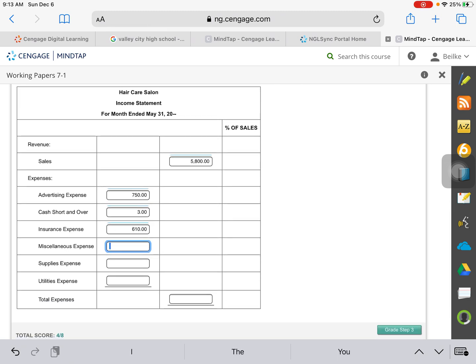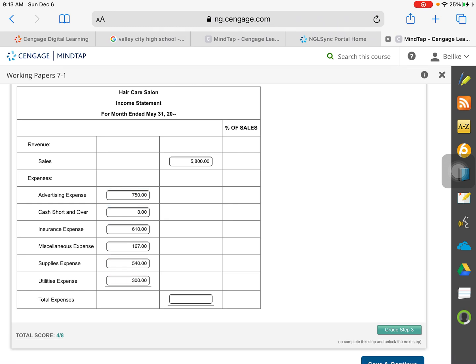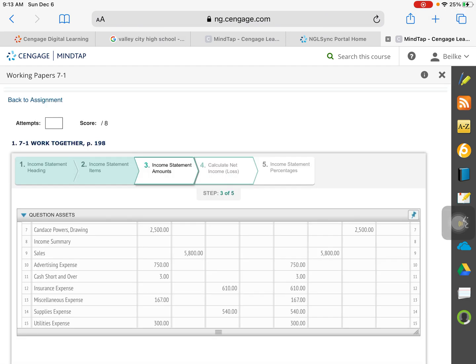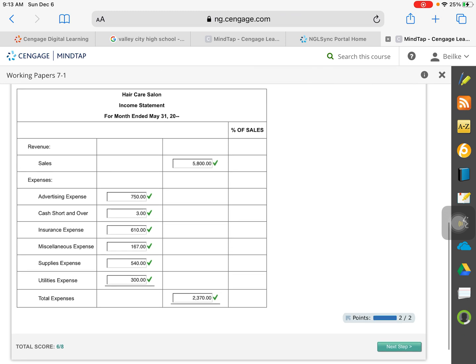Miscellaneous expense is $167. Supplies expense is $540. Utility expense is $300. Okay, so we've got them all listed there. Our next step is to total up all those numbers and put it in that blank there. So we'll add those all up and we come up with $2,370. And so this section should look like that.